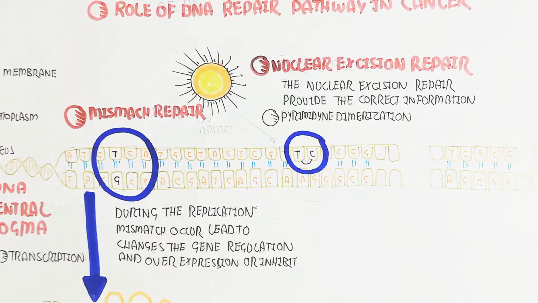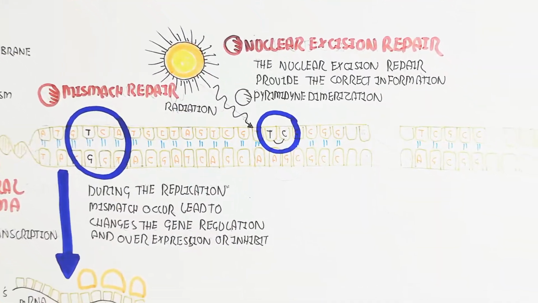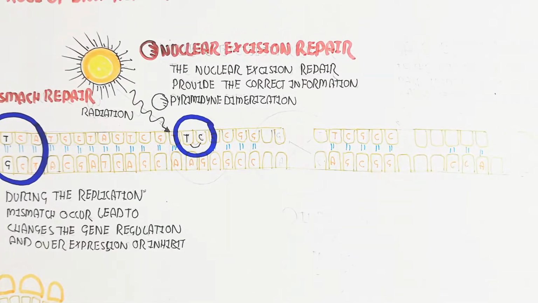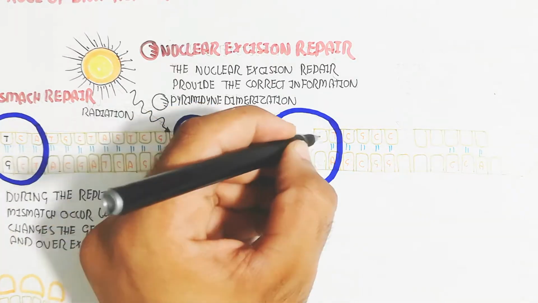But radiation is an important cause of oncogene activation due to pyrimidine dimerization. The thymine and cytosine will interconnect rather than form hydrogen bonding.